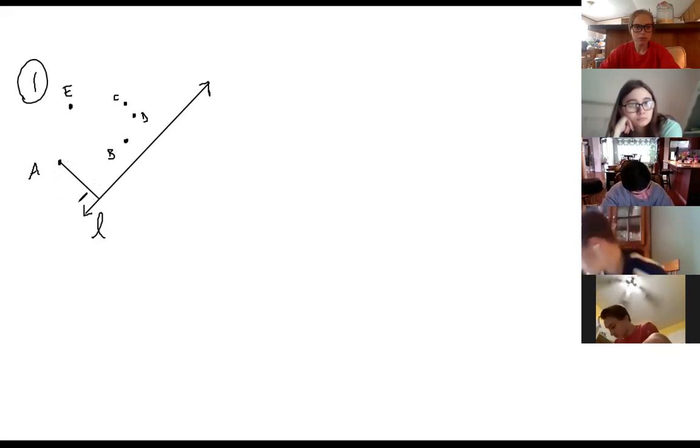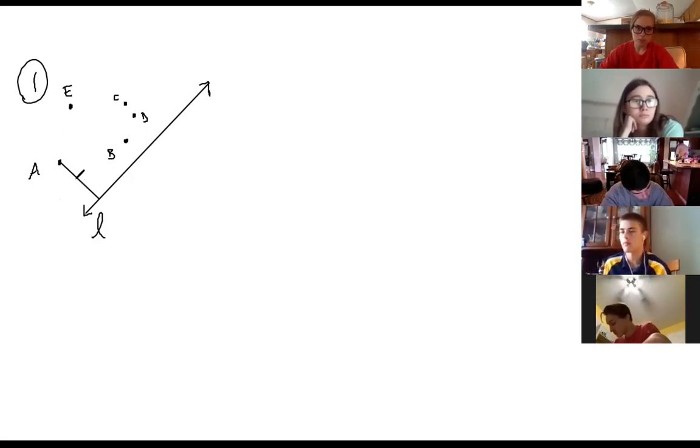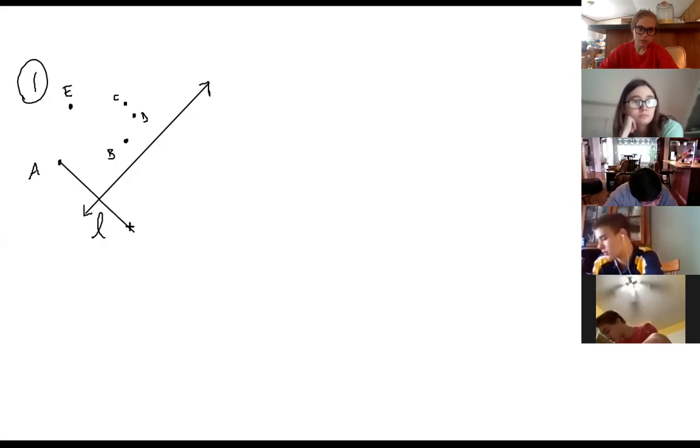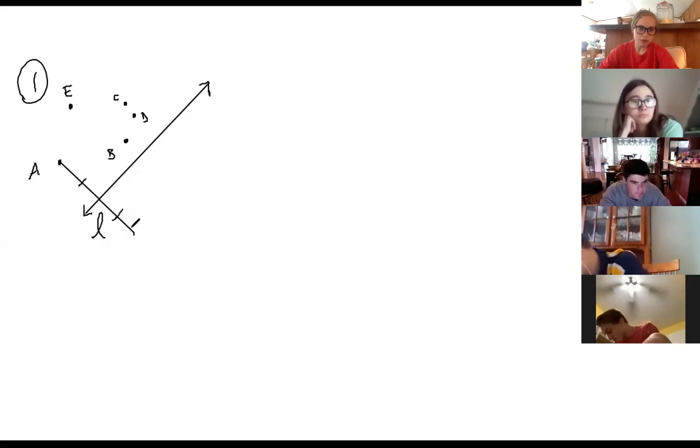Okay. So what you can do is you can just take a ruler for right now, for our purposes, measure this distance right here, and then you're going to reflect it across. So I've made a perpendicular line with L, and these 2 segments should be congruent.